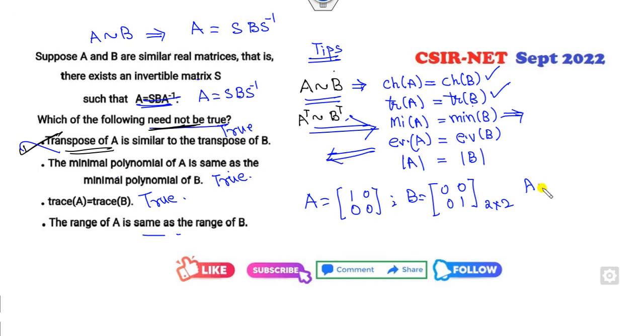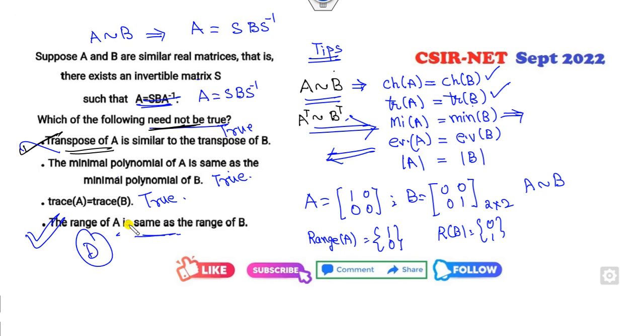That means A is similar to B. But can you find the range of A? Clearly the range is only (1,0), but the range of B is (0,1). They are not the same. So this option is the false statement, hence it is the right answer.